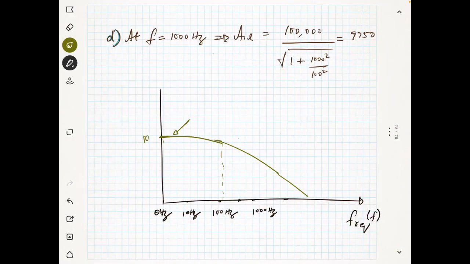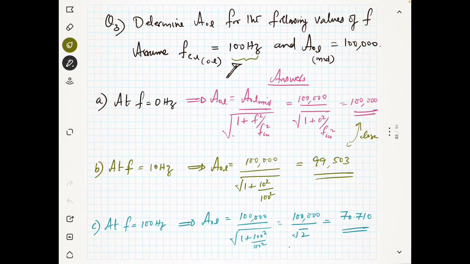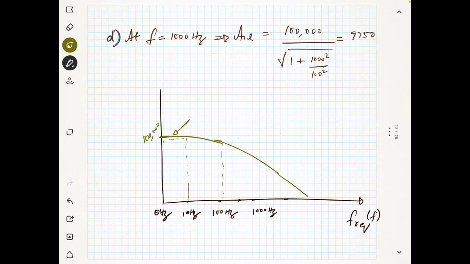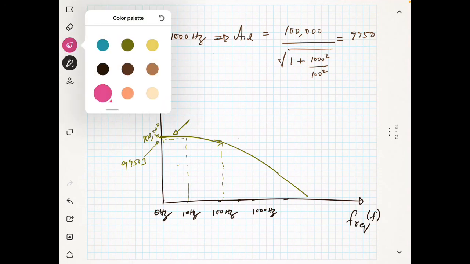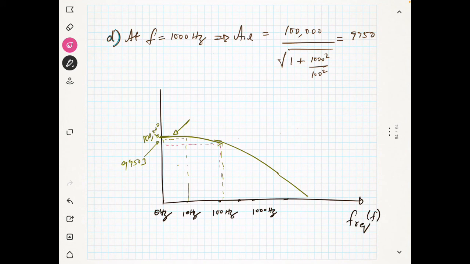So this gain is 100,000, and at 10 hertz you got the answer 99503. So the gain at this point is 99503, and at 100 hertz this point is how much? 70,710, and at 1000 hertz you are getting 9950.